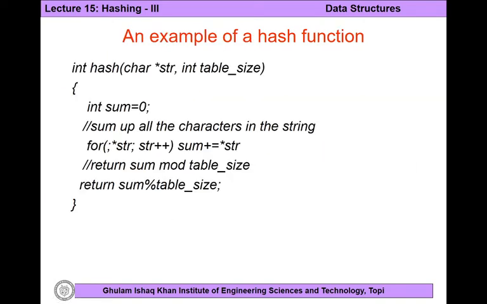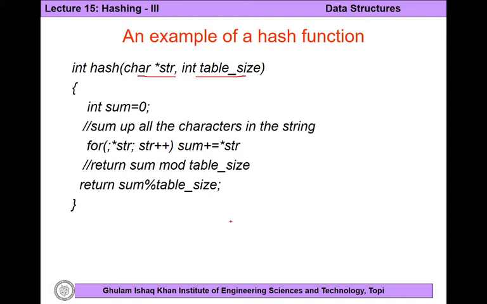Now consider this example as a hashing function. I will give you some time to go through it and see what it does. Now, if you see here, it receives a string. It has a table size as an input. This is basically the size of the hash table.